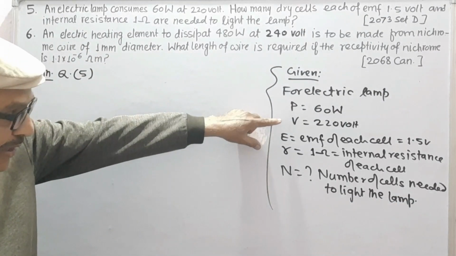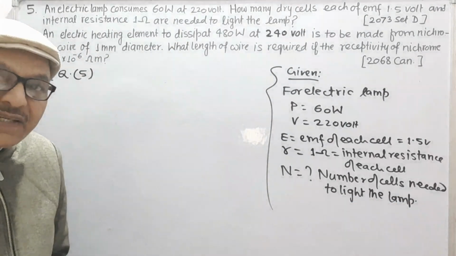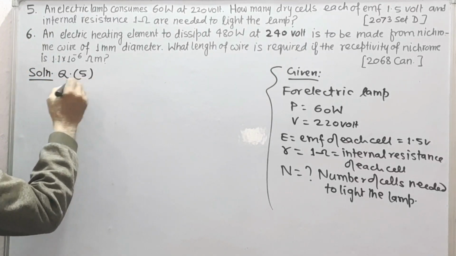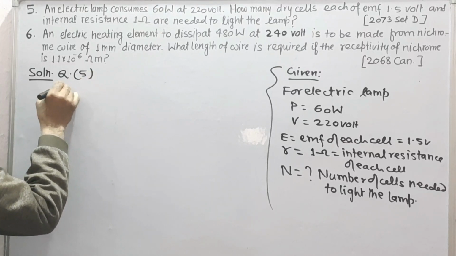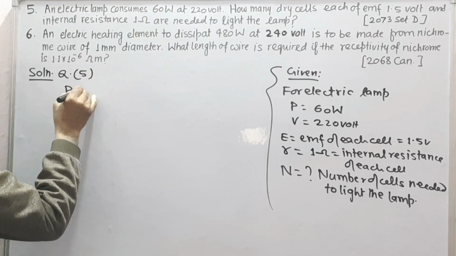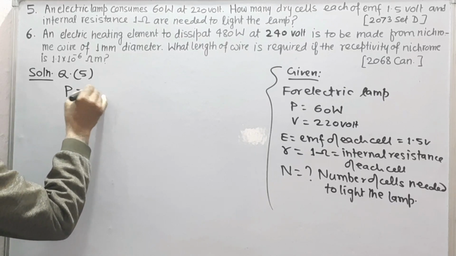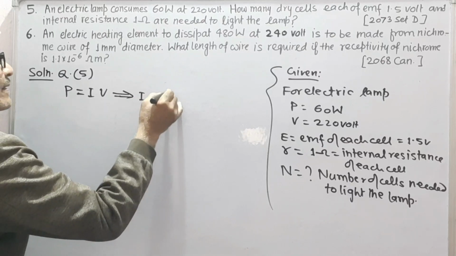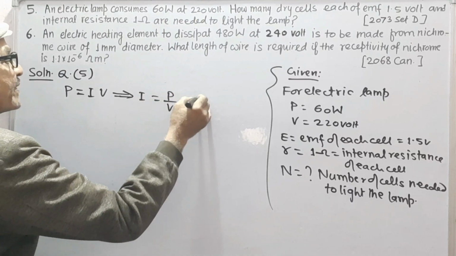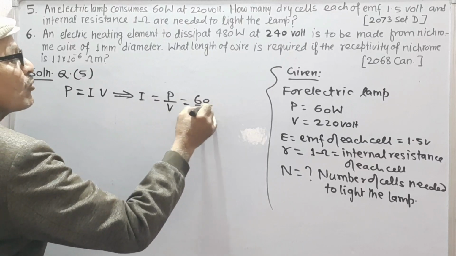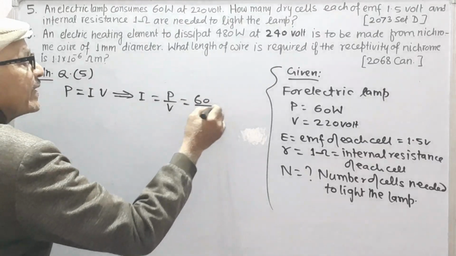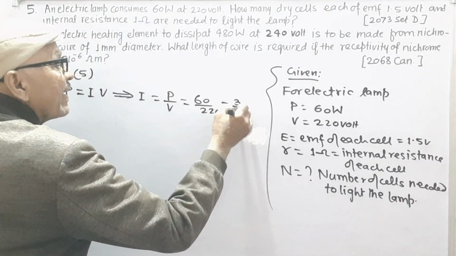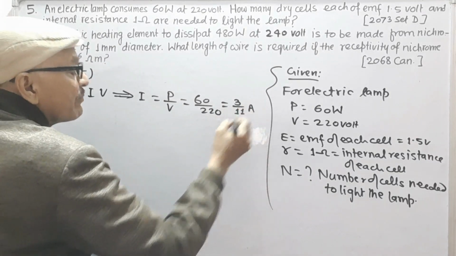With the given power and voltage, we can calculate the resistance of the filament of the bulb and the current needed. So, P is equal to I into V gives the current needed. I is P upon V, which is 60 upon 220, which gives 3 upon 11 ampere.